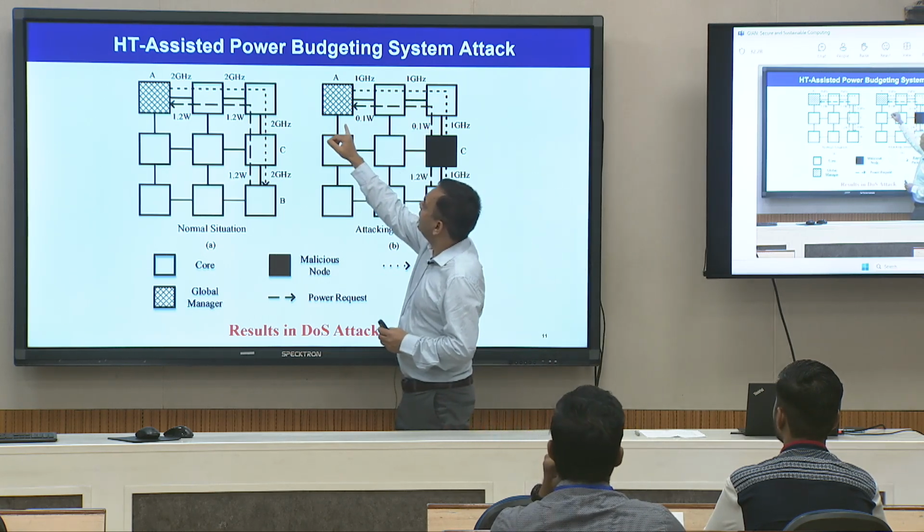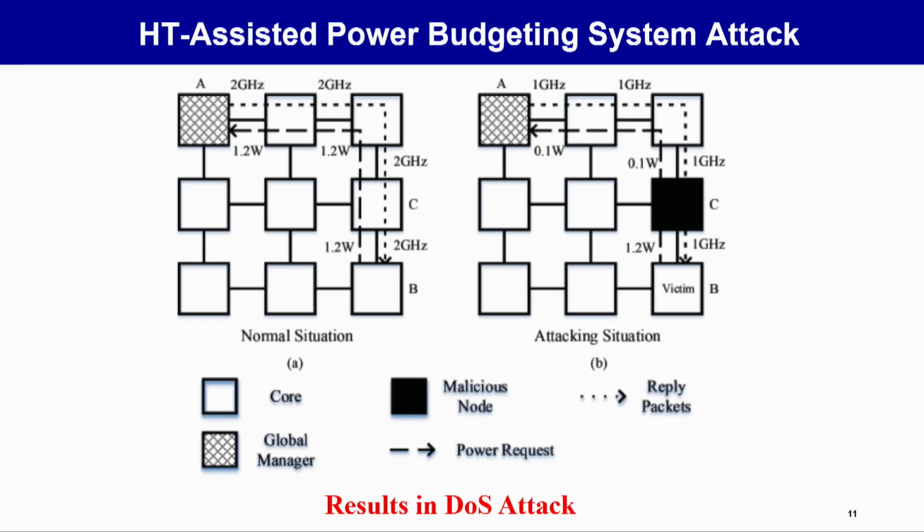So the request at the manager will be for less watt, and because of that it will not say you can run at 2 gigahertz, it will say you need to run at 1 gigahertz. So you can see, now whatever power it needs it cannot get, because there is a hardware Trojan in the middle that changes the requests.